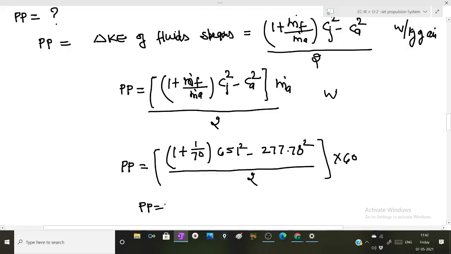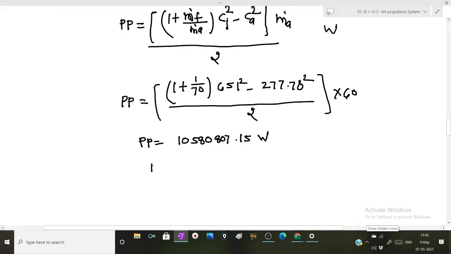So propulsive power, I can calculate this, comes out 10,580,807.15 watt.